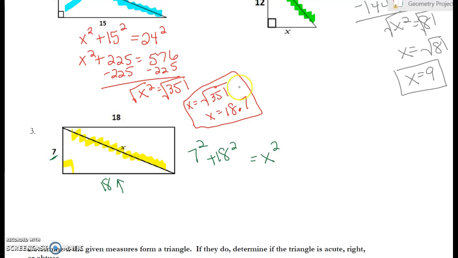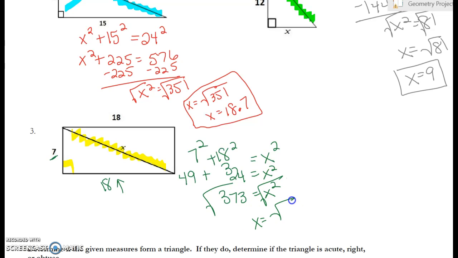All right, so you should have gotten 49 plus 324 equals x squared. 49 plus 324 is 373. And then when I take the square root of 373, I get 19.3.